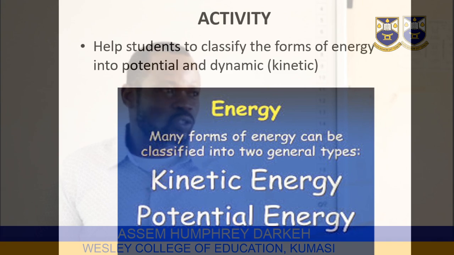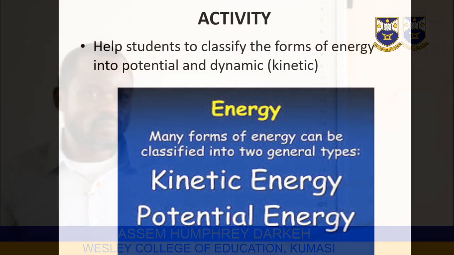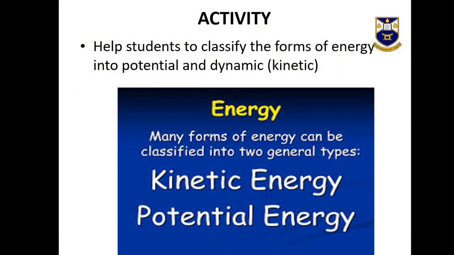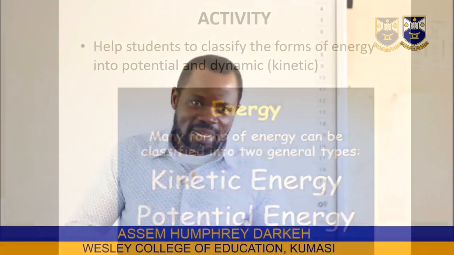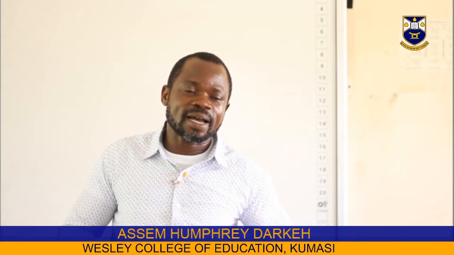Kinetic energy can also have forms. The forms may take light in transit, so light or sound. When I talk, the sound that I make moves, and so that is to explain the fact that kinetic energy is the energy a body has because of its motion.